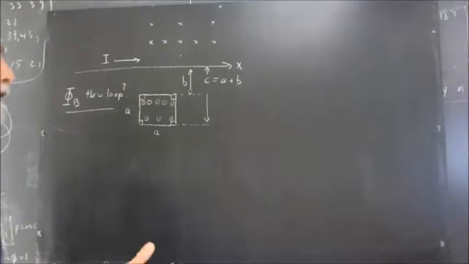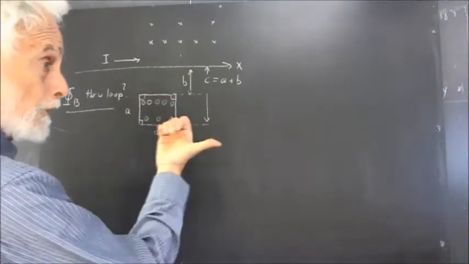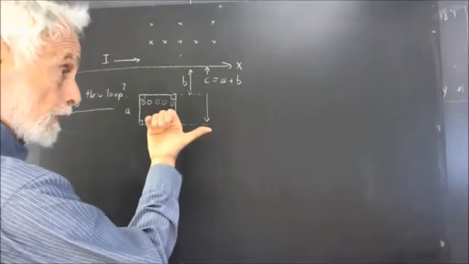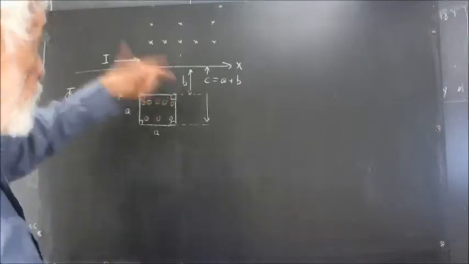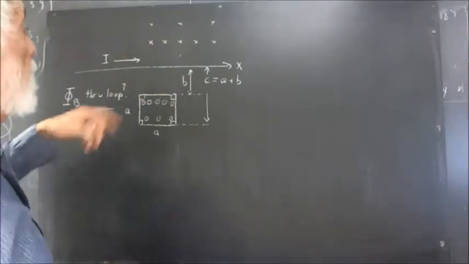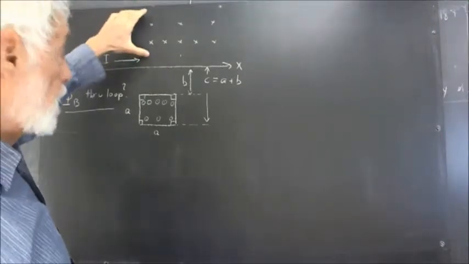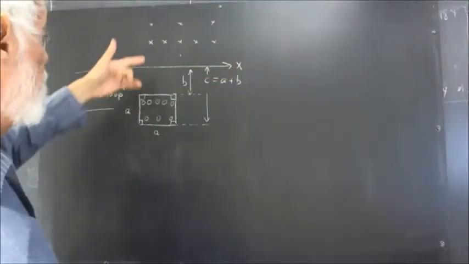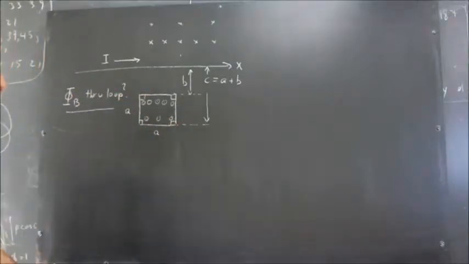The first thing you should have realized is that the field, by the right-hand rule, thumb along the current, right hand curling around the wire, the x-axis, is going to be coming out of the plane of the blackboard above the x-axis and going into the plane of the blackboard below the x-axis.